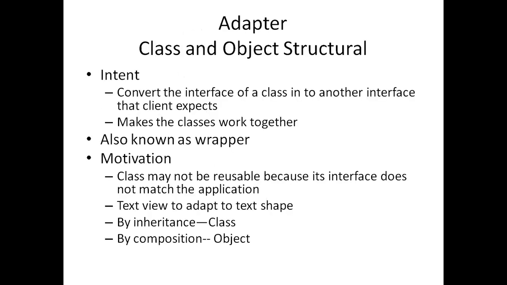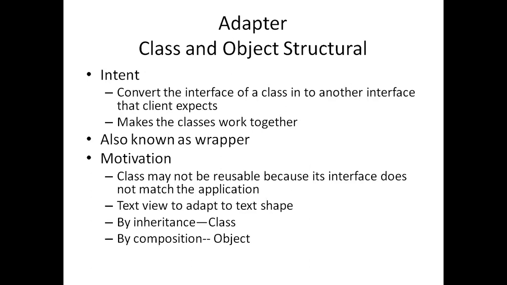as object pattern. The adapter pattern is the problem in which we want to have the same interface from the application or the client even though the interface changes. So what is the interface of a class?